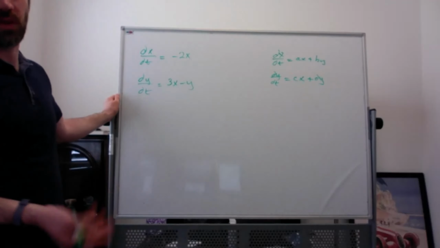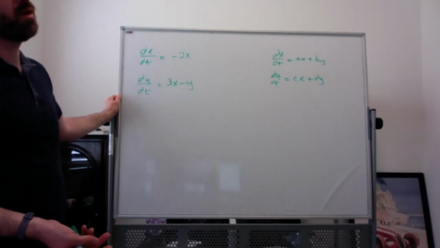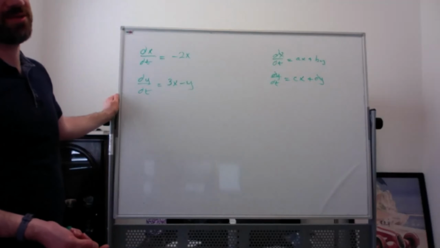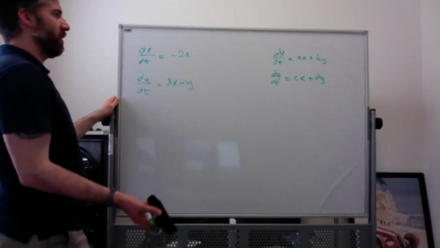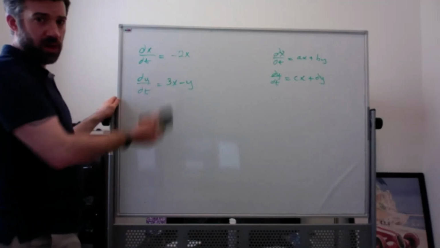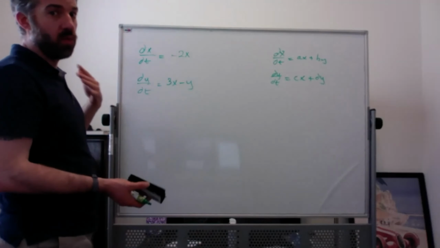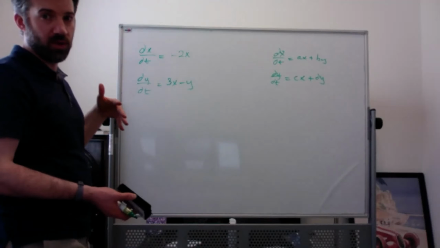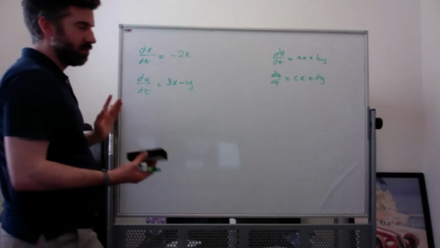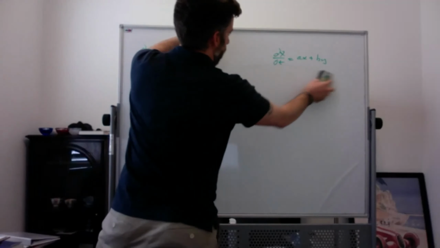You can have other equilibria. I think you can have other equilibria. Now I'm not so sure, but definitely 0, 0. I think to have other equilibria, you actually have to have something more complicated. So I think these linear systems only have 0, 0 as the equilibrium point. You have to have something more complicated to have other equilibria.